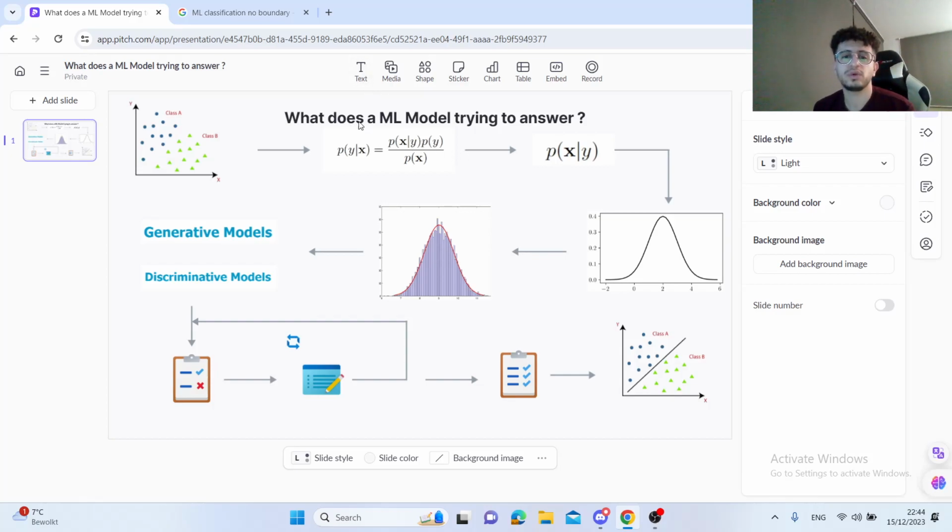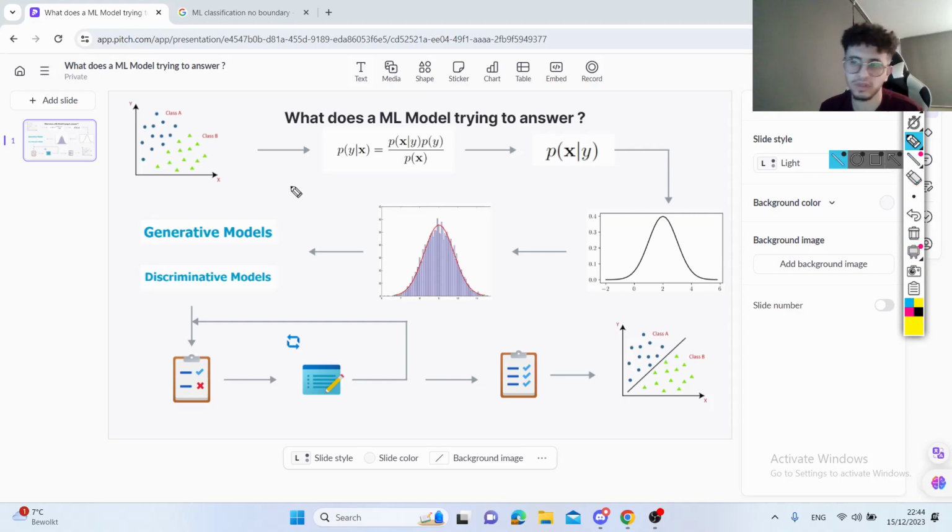So what is the machine learning model trying to answer? At the very beginning, let's say we have some raw data, and given an object, for example this, we would like to know if it should be classified as class A or class B, based on a decision boundary that we will design later.